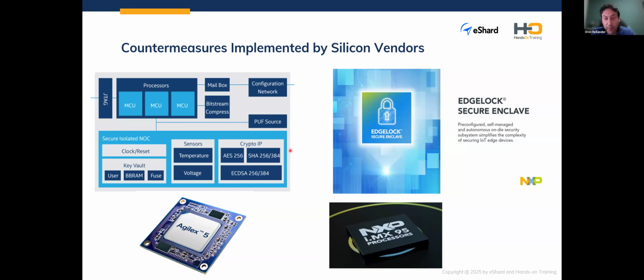NXP focuses, for example, on a highly isolated standalone secure enclave that you see here called EdgeLock, that I will tell you about in a few minutes, while Altera emphasizes redundancy and monitoring via a centralized manager. Both devices, by the way, are designed to meet the requirements of FIPS 140-3. The NXP supports even level 4, Agilex 5 up to level 3 of the standard.